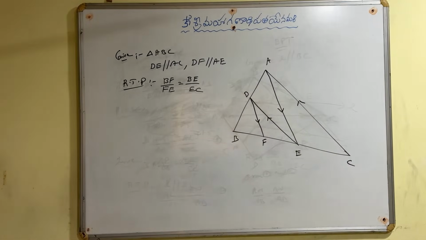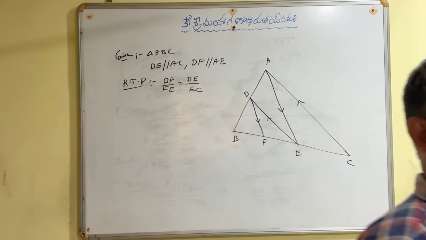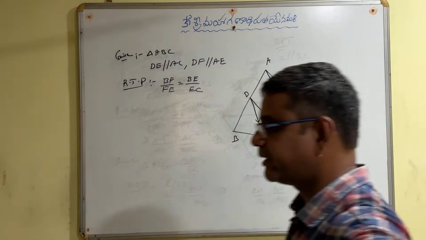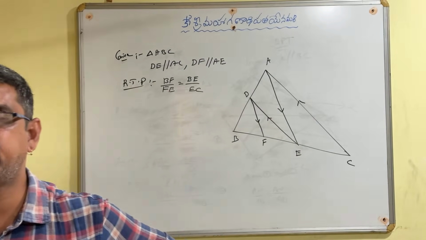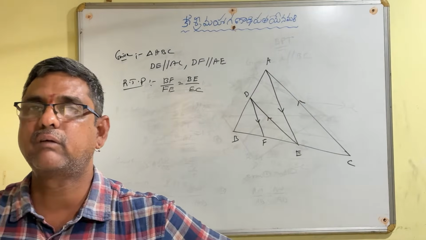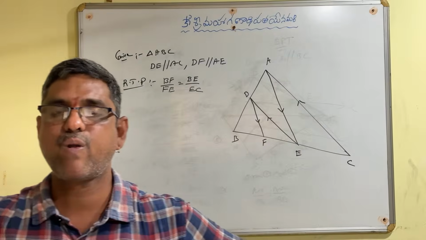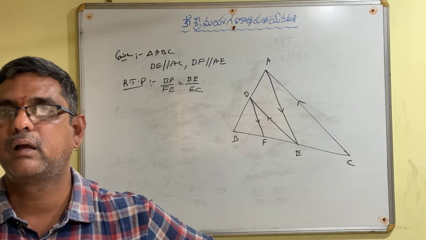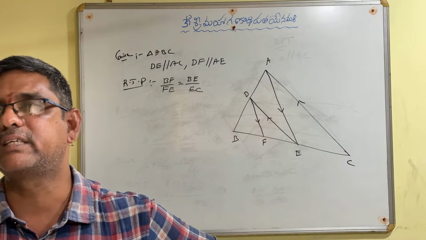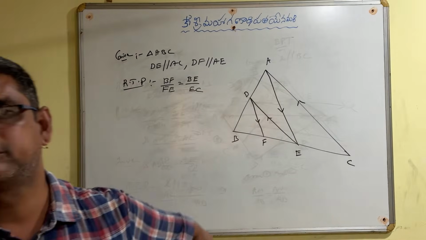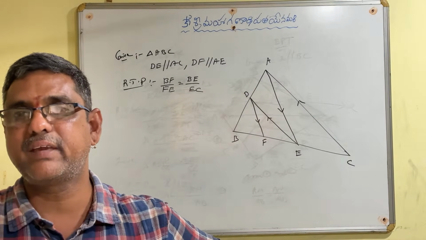From the vertex A of triangle ABC, a line is drawn intersecting side BC at E, and DE parallel to AC and DF parallel to AE are also drawn. That is what is given, and required to prove is BF by FE equal to BE by EC.